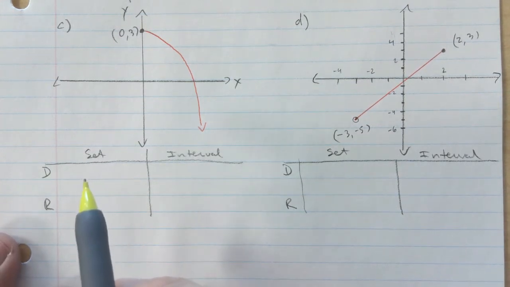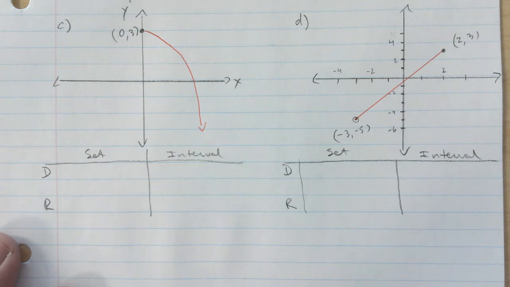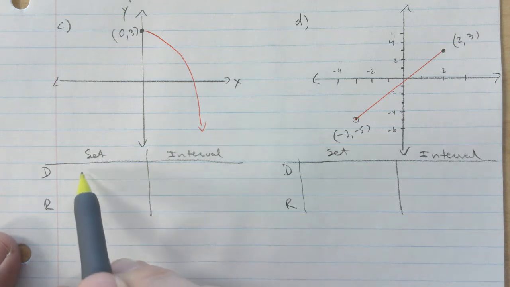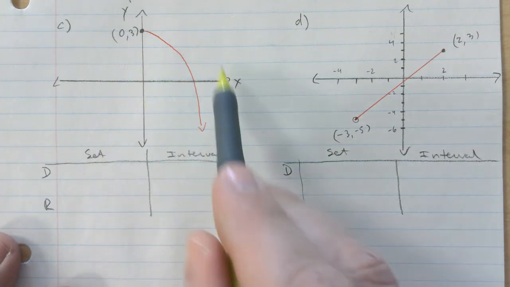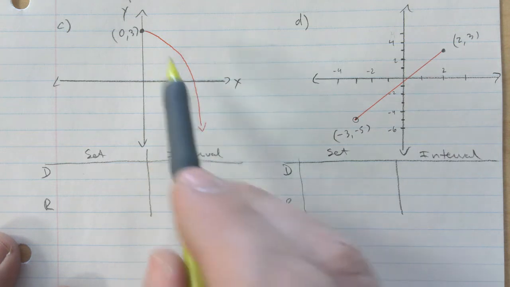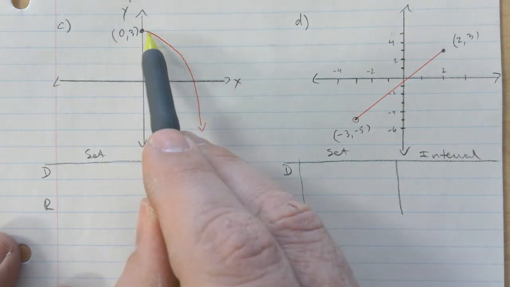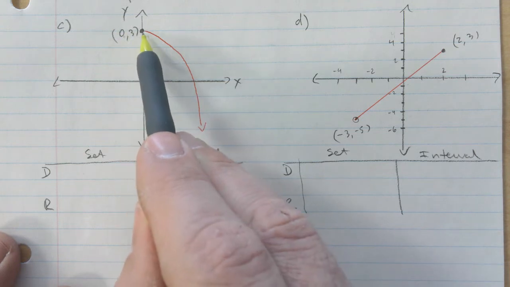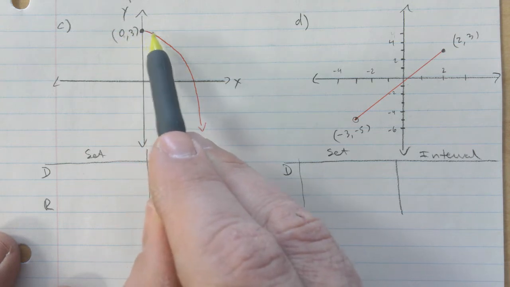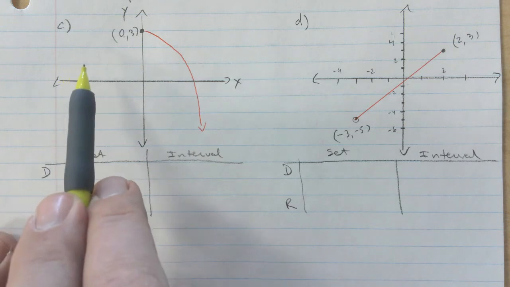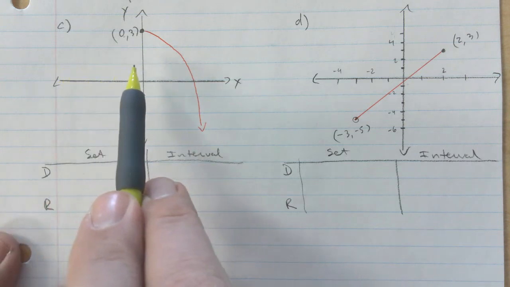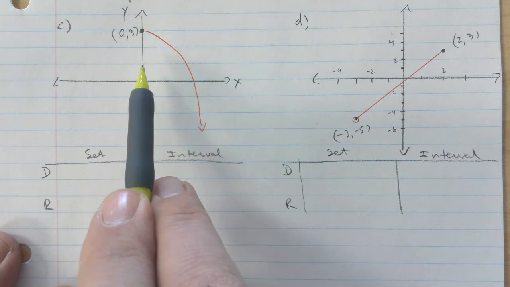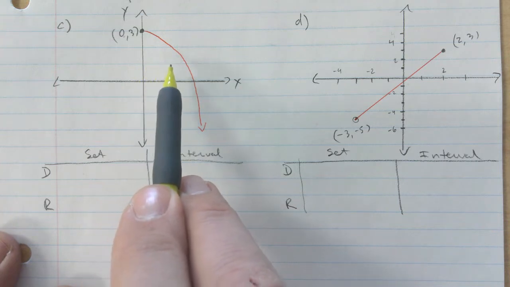Okay. So for the domain on this one here, you're only going to focus on x values, right? So it only starts appearing when x is equal to 0, right? Because you always go from smallest to biggest, and there's nothing here, nothing here, nothing here until you get to x is equal to 0, and then the line starts appearing.